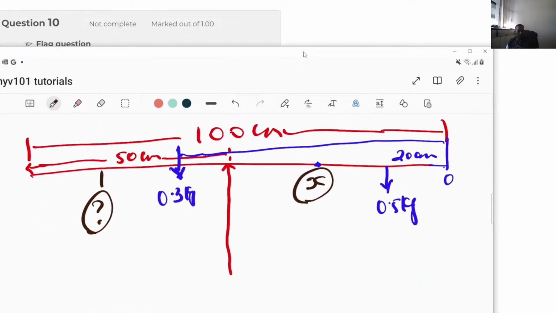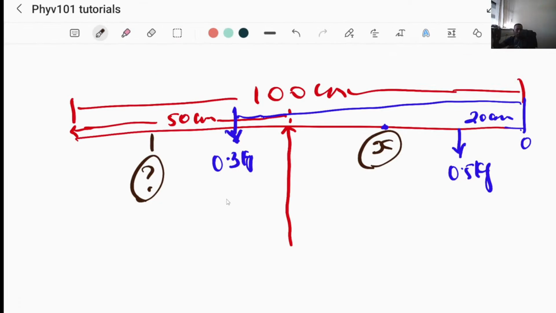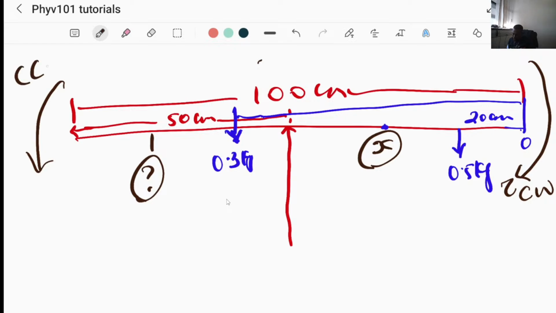Basically, let's do the following. What you should be doing is, this has to do with torque. For this thing to be at equilibrium, it's not going to fall that way or this way. Let's say the torque that pushes this thing to rotate this way is clockwise torque, tau clockwise, and the one that pulls this way is counterclockwise torque, and they are the same.